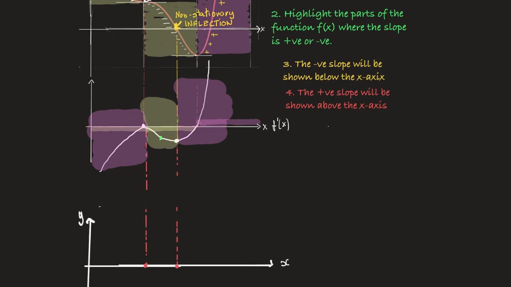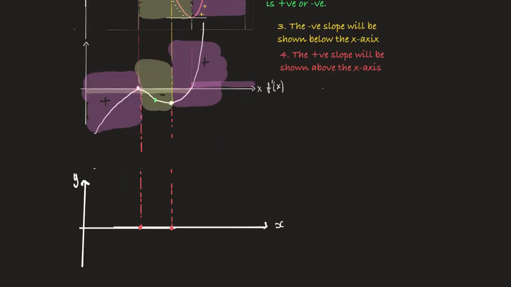And now we can follow step 3 and 4, where the positive slope will be shown above the x-axis, and this is our positive slope. The gradient loses its steepness and becomes 0 again here. Now we need to go below the x-axis for the negative slope, but we need to make sure that it comes back to 0 over here.